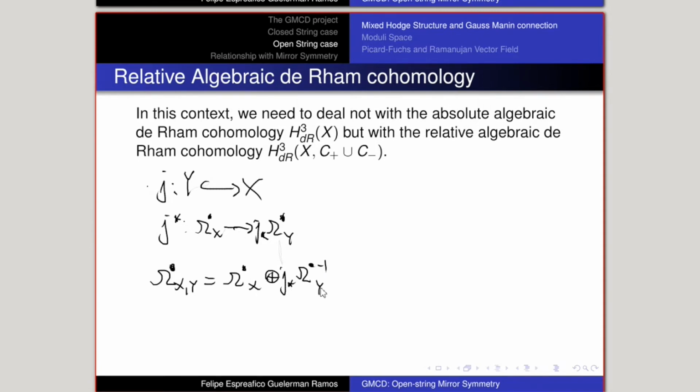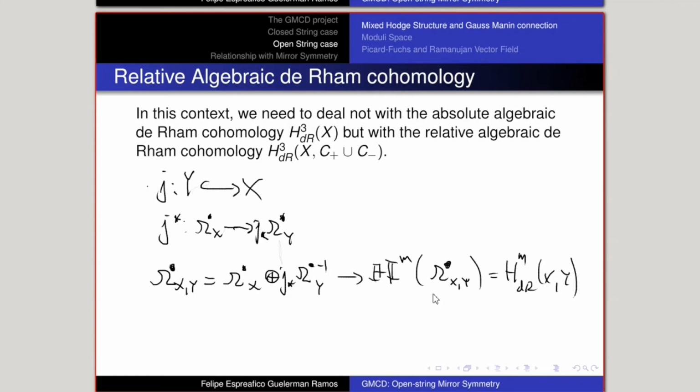And then this is our definition for the relative sheaf of differential forms with boundary on Y. And then we can take the hypercohomology of these relative differential forms, and this is going to be our relative de Rham homology, right? So that's what we do, and I mean to define.